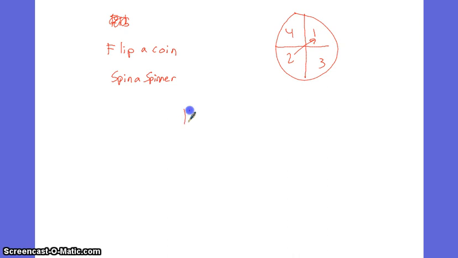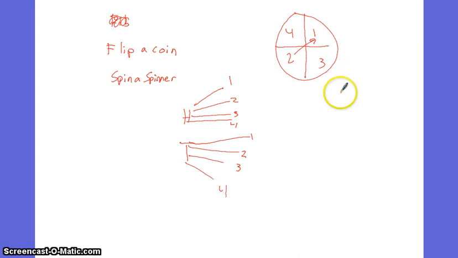Well, first, heads or tails, right? In your spinner, you've got 1, 2, 3, 4. Those are all your possible outcomes. What you would do is write it out in a little graph: H1, H2, H3, H4, and T1, T2, T3, T4.